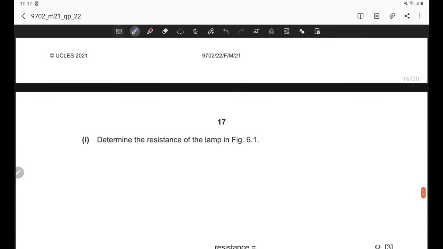That is 3.6 minus 2.1, and we get 1.5 ampere.